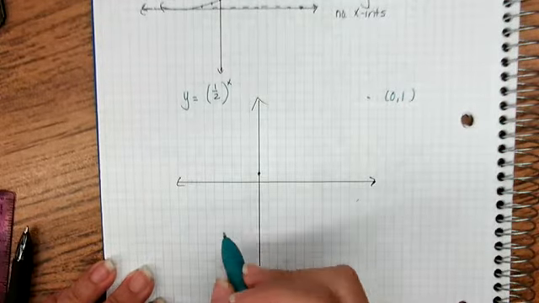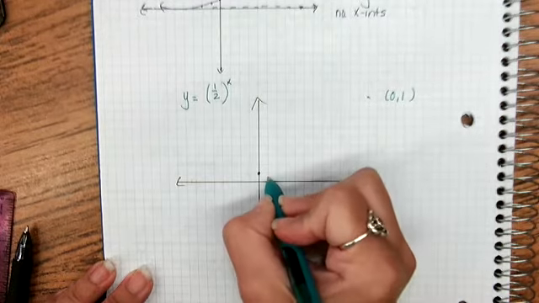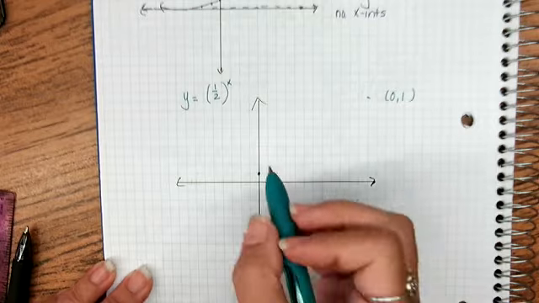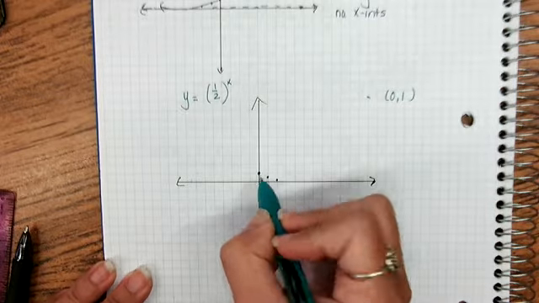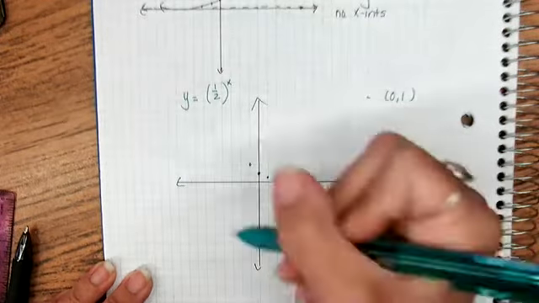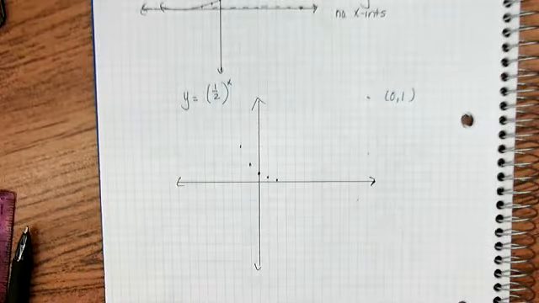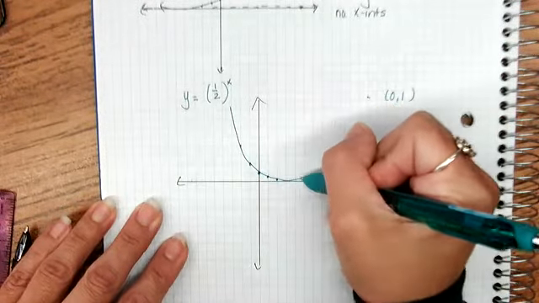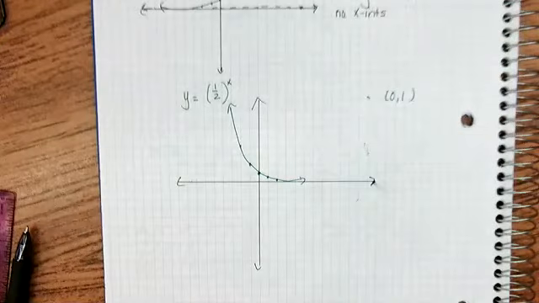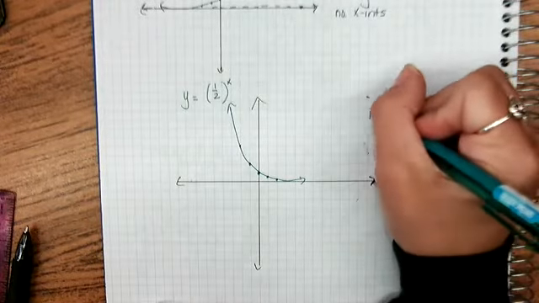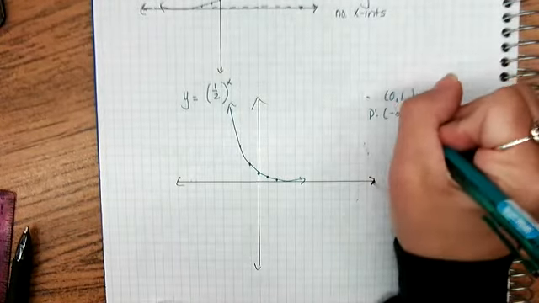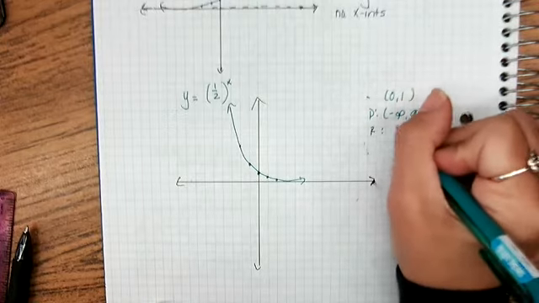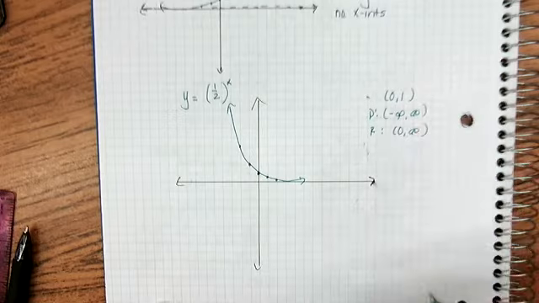Okay, and this time, if x is 1, y is 1/2. If x is 2, y is 1/4. If x is negative 1, y is actually 2. The reciprocal. Not bad for me. The domain is still all real numbers. The range is still 0 to infinity.